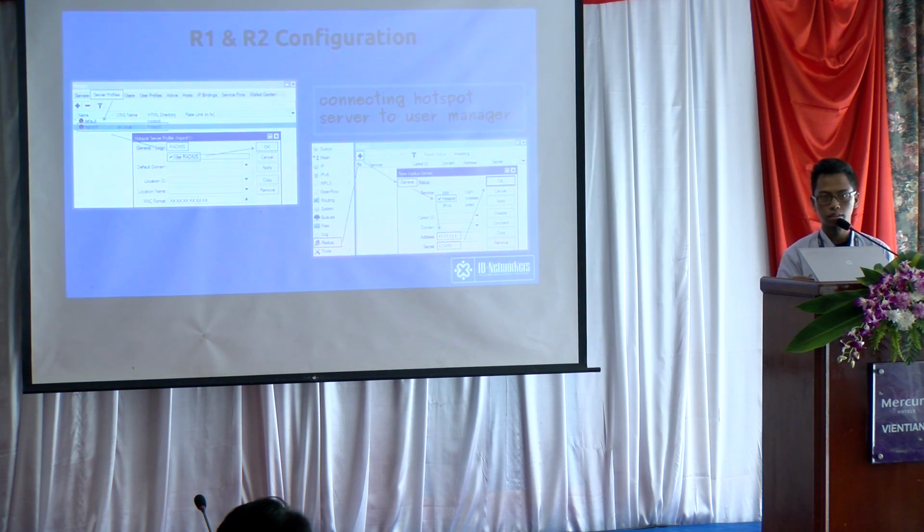And the second step, you can add a server profile. You can add radius server to the radius client. You can go to radius, add. In the general, you can mark just hotspot, because in this presentation I just focus in user manager for MikroTik hotspot user management.